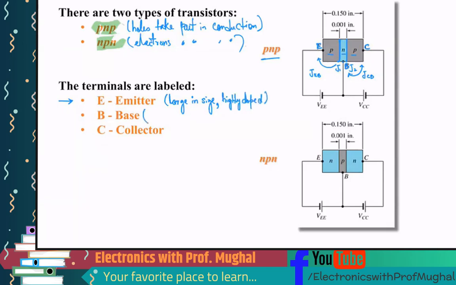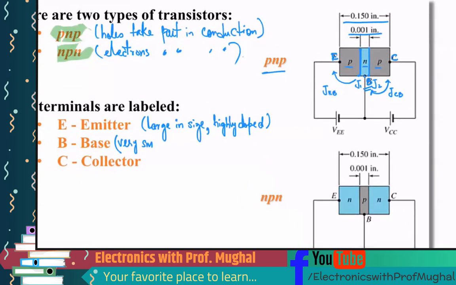The base terminal, right here, is very small in size. You can see the base is 0.001 inches, and the total width of the transistor is 0.150 inches, as written over here. So the base is very, very small and very lightly doped.